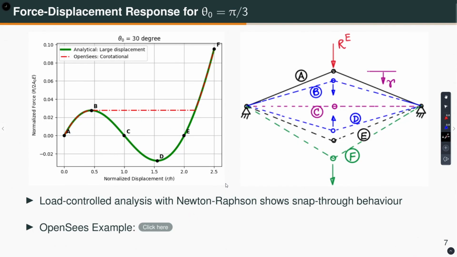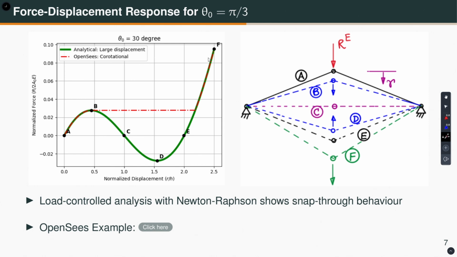Now, I will directly go to the result. So, what did we do? This green is the response that we got, okay, when the structure goes from the configuration A to configuration F, and I have discussed all this, point A, B, C, D, E, F, right. And I have also shown you the same example in OpenSees.